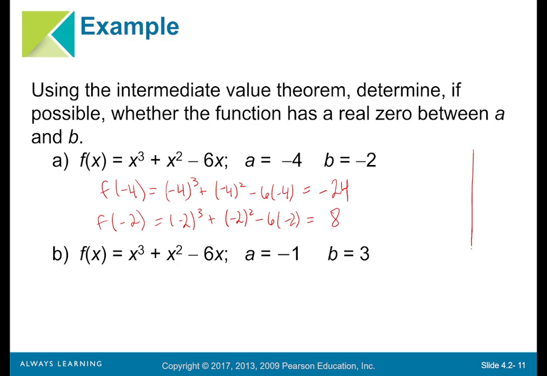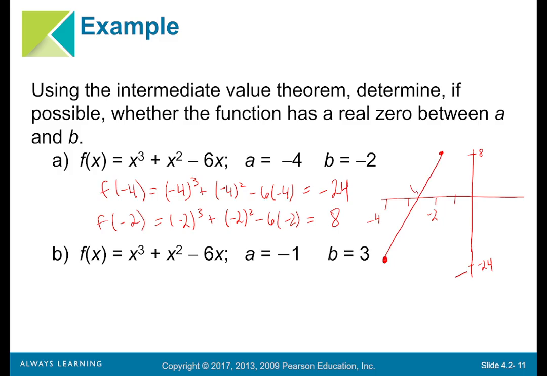So that means if I'm looking at my graph, something like this, and let's say here's -4 and here's -2, I know -4 goes down here to somewhere to -24. Let's just call it there. And I know -2 is sitting somewhere up here. Let's call it 8. So I know my function's doing something like this.